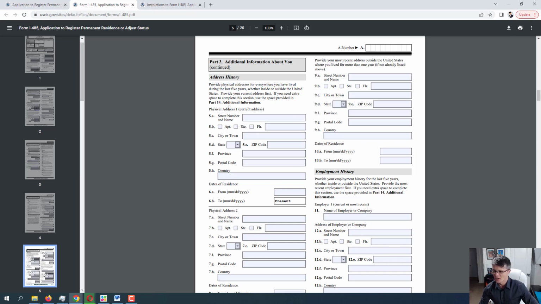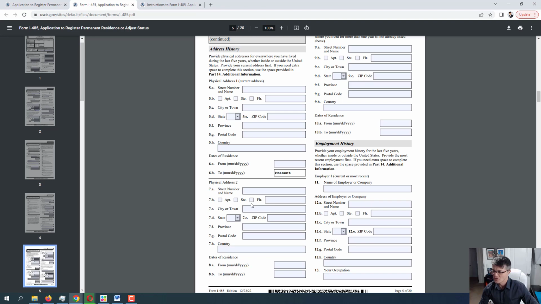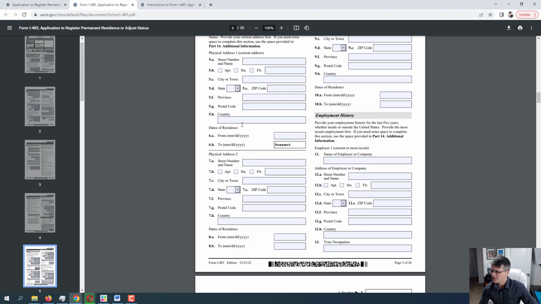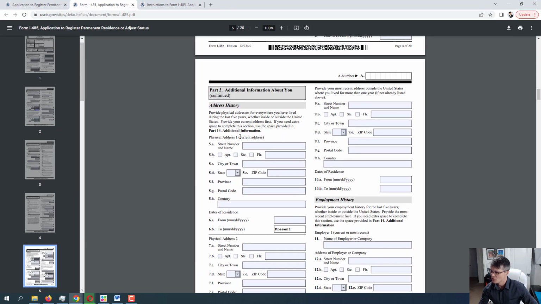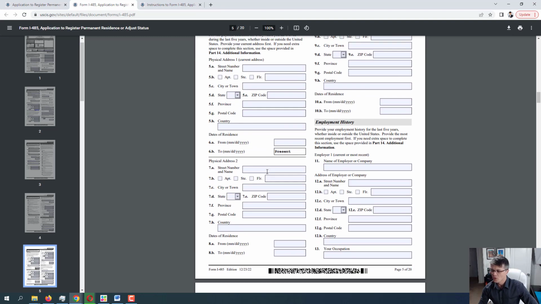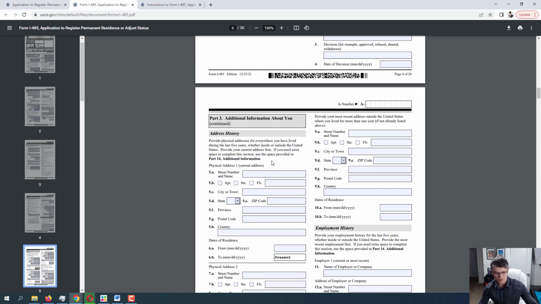I think there are just 3 different fields. So if you lived in more than 3 different addresses in the past 5 years, I'll show you at the end of this application, there's additional space, and I'll show you how to do that at the very end once we get there. So don't worry about that.